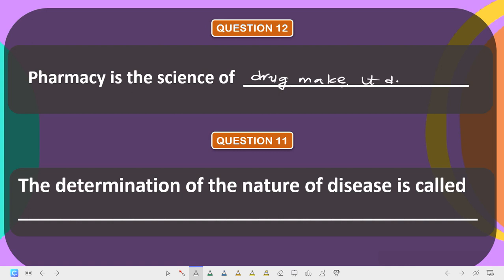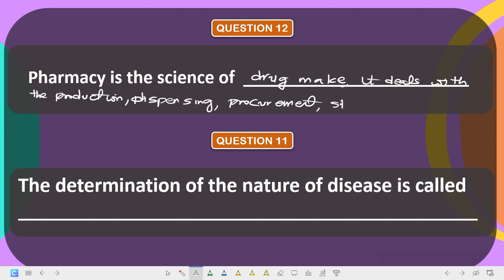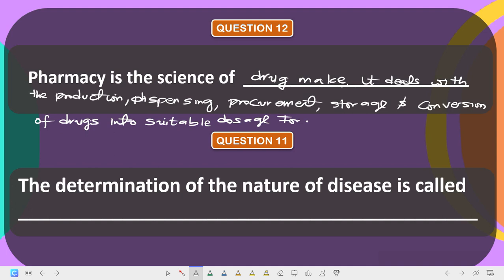It deals with the production, dispensing, procurement, storage, and conversion of drugs into suitable dosage form. The determination of the nature of disease is called diagnosis.